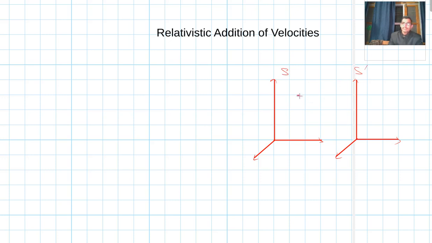in the stationary frame of reference, and this particle is moving in this way with the velocity u in arbitrary direction. And in the stationary frame of reference, this particle p is represented by coordinates x, y and z, and in the other moving frame of reference, which is moving along the x-axis with velocity v, its coordinates seem to be x prime, y prime and z prime.